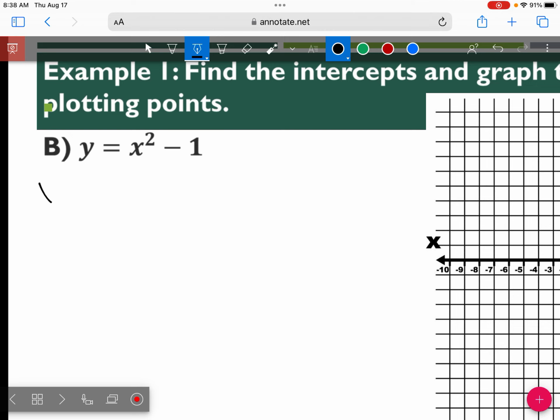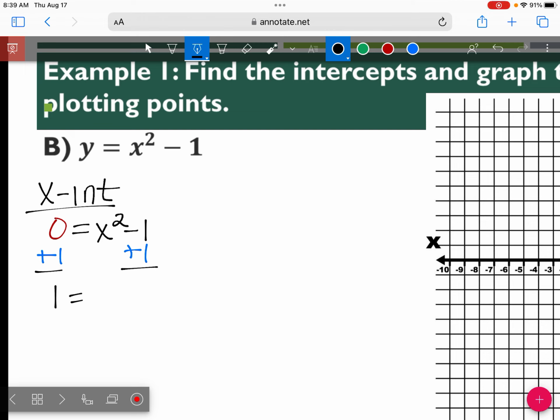So to find our x-intercept, we're gonna start by putting our 0 for y. Go ahead and add 1 and take the square root. So 1 equals x squared, take the square root of both sides.